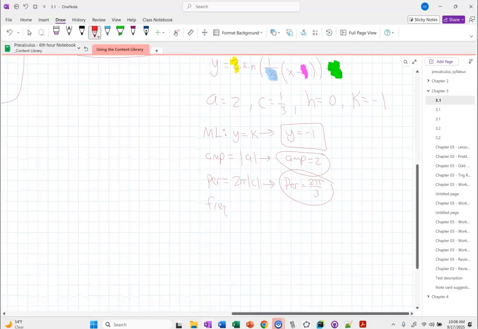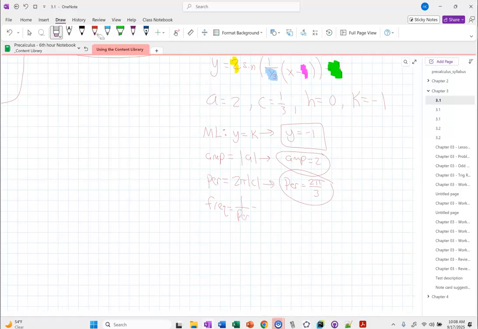The frequency is just the reciprocal of the period. So my frequency then is going to be 3 over 2 pi. Right? I just flipped my period.